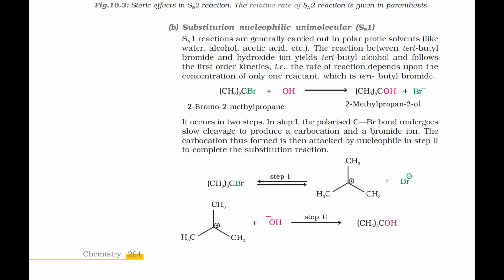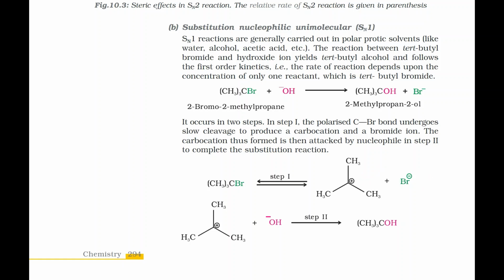If you look at the mechanism, it occurs in 2 steps. Step 1 is the important step because it is the slowest step, so it is the rate determining step. The alkyl halide first needs to convert into a carbocation and the leaving group, the bromide ion.